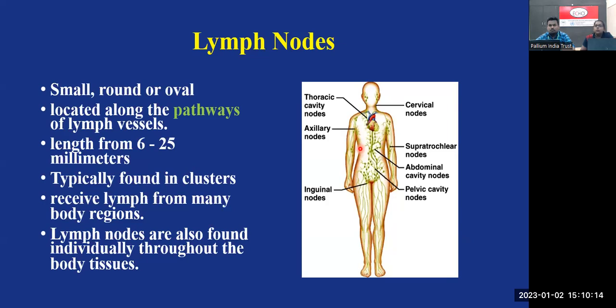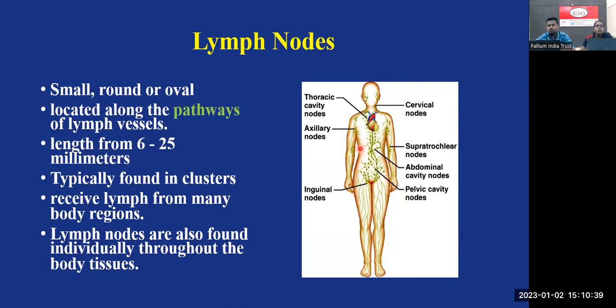The next thing is lymph nodes. This is one of the major parts of the lymphatic system. From the interstitial space, the lymphatic capillaries absorb the interstitial fluid. Then it goes to the lymphatic vessels, and then to the lymph nodes.